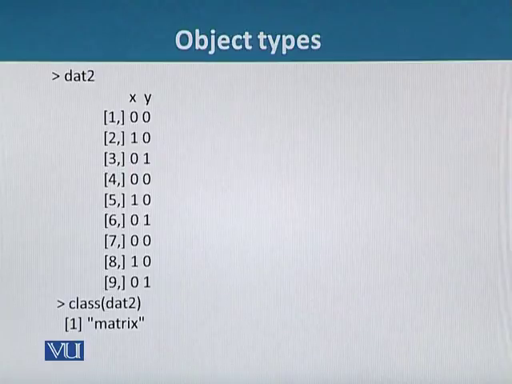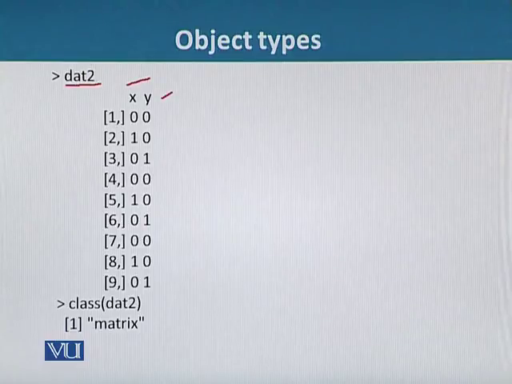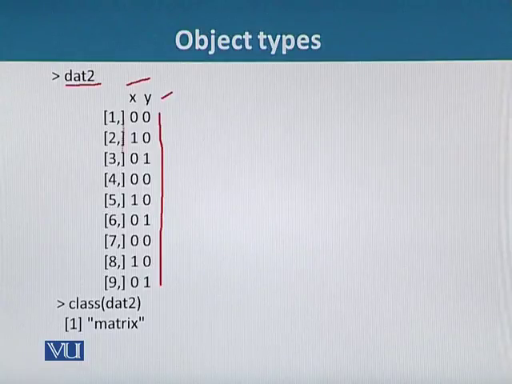For example, we have data2, in which there are two columns, x and y, and we can see here that in both columns there are numbers. So we can use only numbers and not vectors in the case of a matrix.